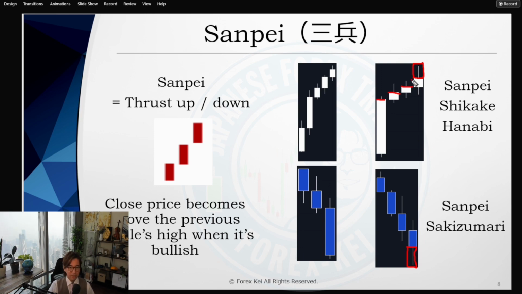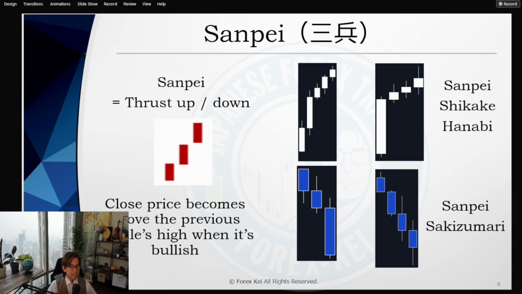When you see this, you don't want to buy. If you buy here, the market may retrace and you may exit with a loss. So these are also a type of Sanpei structure. Okay, that's also important to remember.